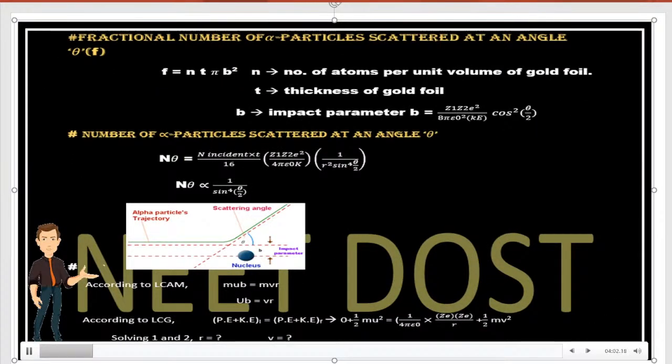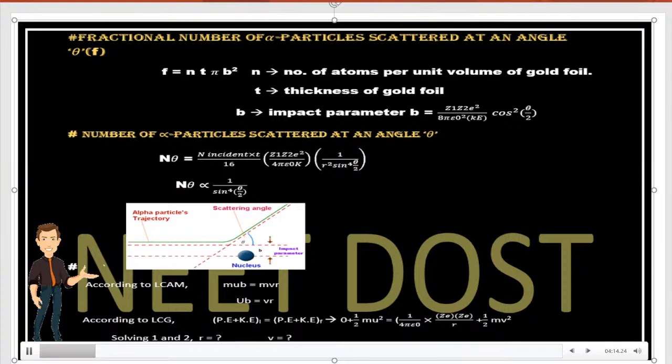Another topic in Rutherford's alpha particle scattering experiment is particles scattered at an angle theta, represented by F. This topic is mainly needed for AIIMS, and as we know, NEET and AIIMS are considered as a single exam. We may not know whether it will be asked or not, but let us keep an eye on it.